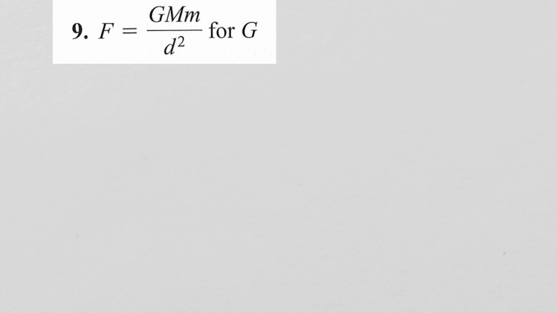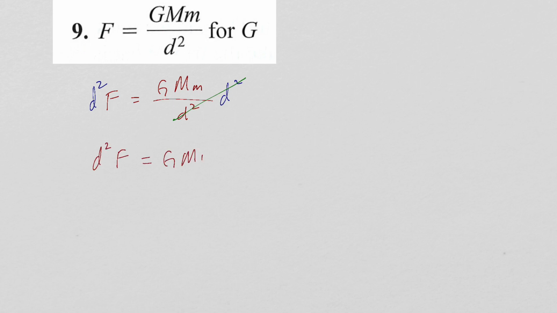Okay, we want to solve this formula for G. So F is equal to G big M little m over D squared. The first thing I'm going to do is get rid of D squared. So I'm going to multiply each side by D squared. And that's going to cancel those. So now I've got D squared F is equal to G big M little m.